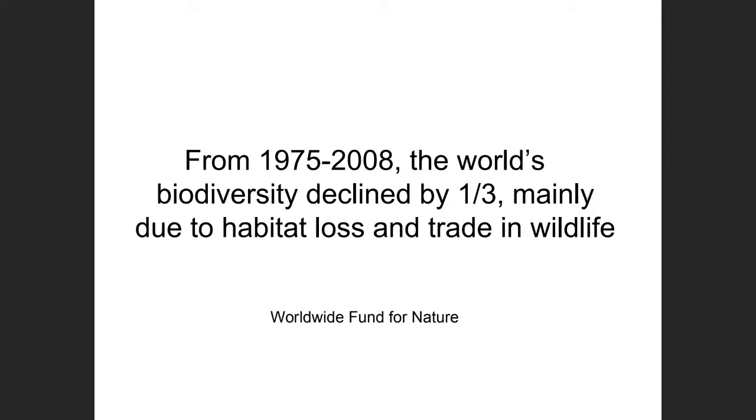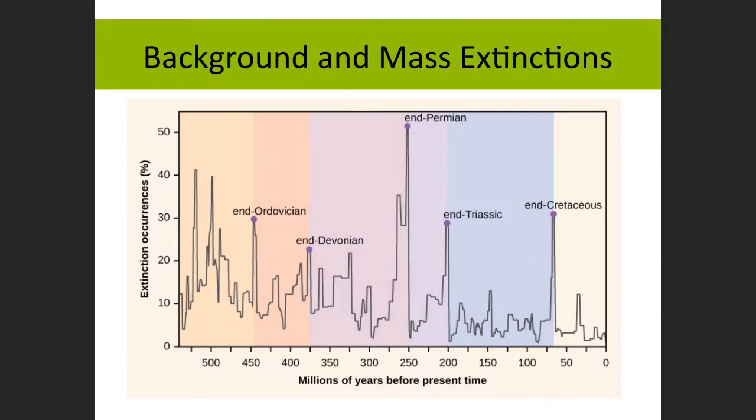And this is leading to mass extinctions. So if we look at extinctions in the past, they're marked here by these purple dots. So we can see in the fossil record where there was lots of diversity of organisms and then suddenly, the next layer of fossils, not that much, right? So we can see when there were mass extinctions in the past.